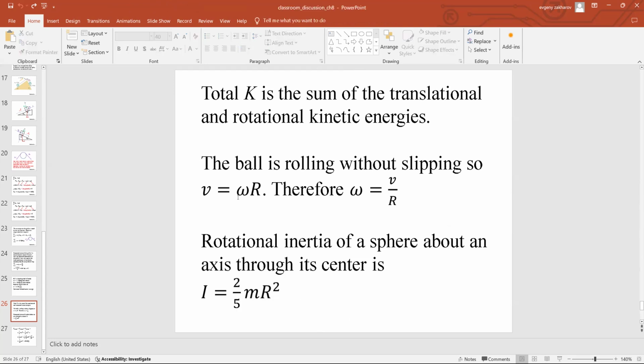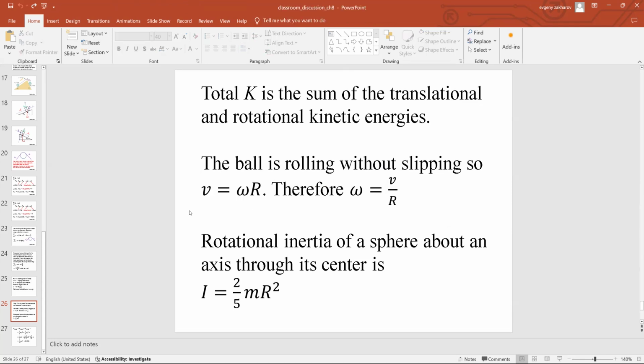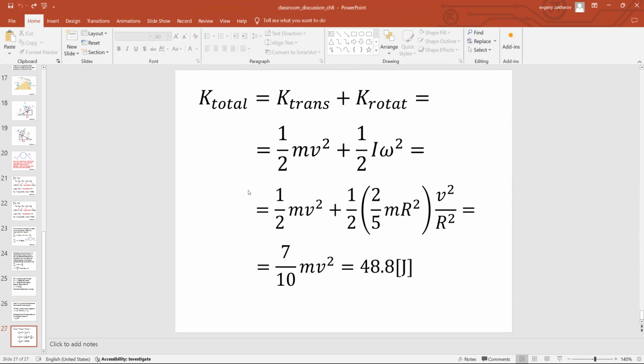And then do not forget that you can also connect the linear and angular velocities through this little expression. Do we have all things given? 2/5. Yeah, you have to replace the omega squared with v over r squared.